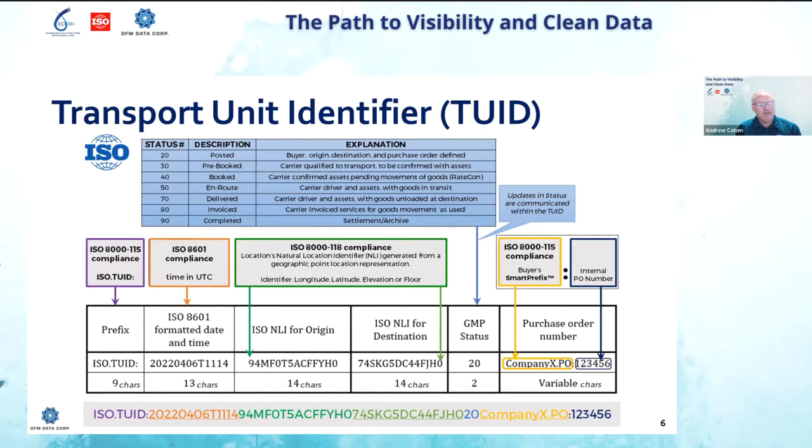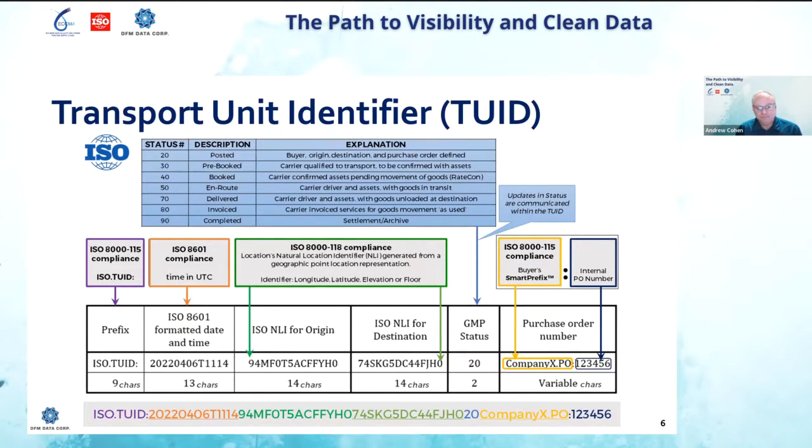And that also brings with it a status of where that load is or where that transport unit is at that particular time, whether it's booked, whether it's posted, whether it's en route, or whether it's been delivered. Those are the statuses in the GMP status code. So that's what the transport unit identifier is specifically.